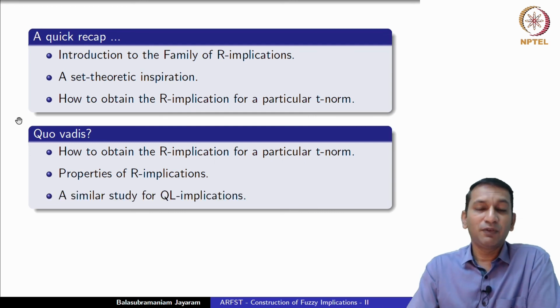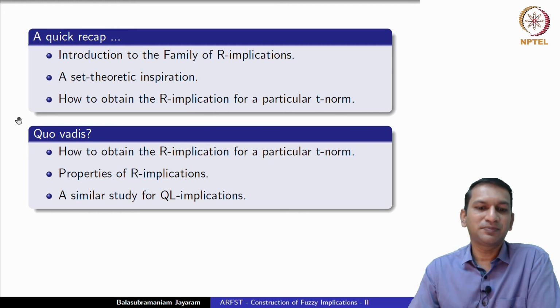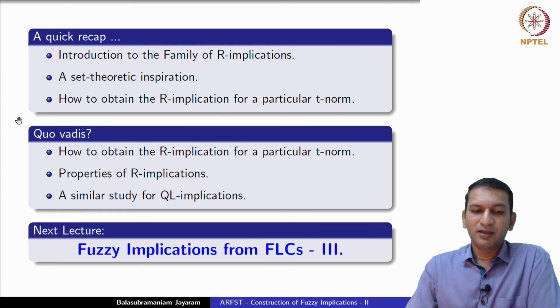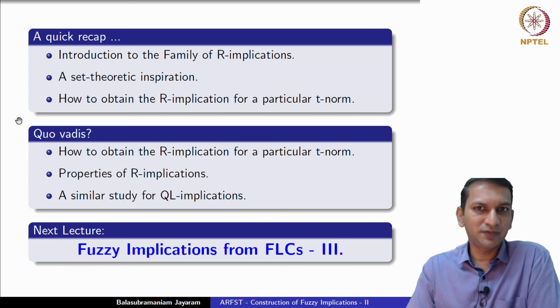And finally, we will also do a similar study of yet another family of fuzzy implications called the QL implications, which are quite interesting in that they are actually obtained from all the three other fuzzy logic connectives that we have seen, that of a T-conorm, T-norm, and a negation. In the next lecture, we will deal with these, and with that, we will come to the end of constructing fuzzy implications from other fuzzy logic connectives.